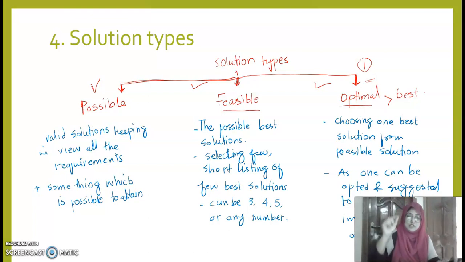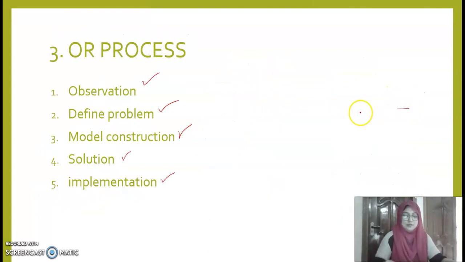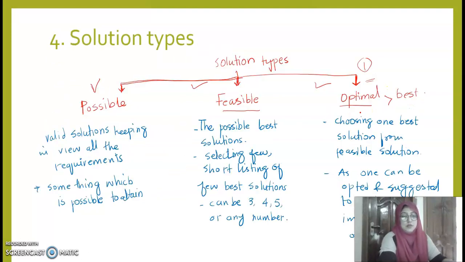So the one solution that you are going to take is called the optimal solution, which is the best solution chosen from the available outcomes or feasible points. So when you do this, that becomes the optimal solution. This is the best outcome, which is the best university to study at. So we do this in our daily lives, and the same approach is going to be used for businesses.